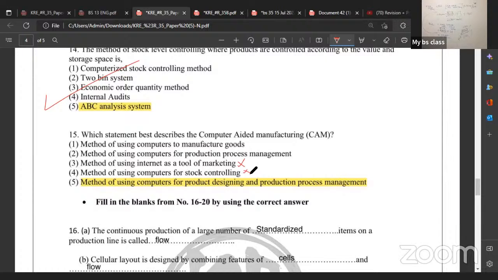Designing doesn't come into it, right? CAD plus CAM is what is seen. So when you come to CAM, that is only production. Computer-aided manufacturing is the usage of computer programs for managing the production process. Designing is not discussed there. Is that clear?